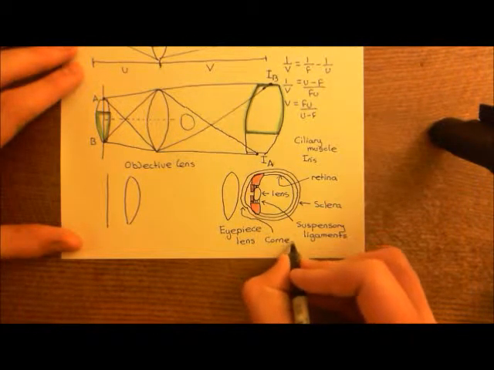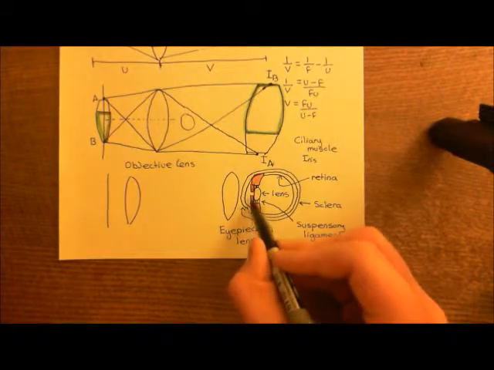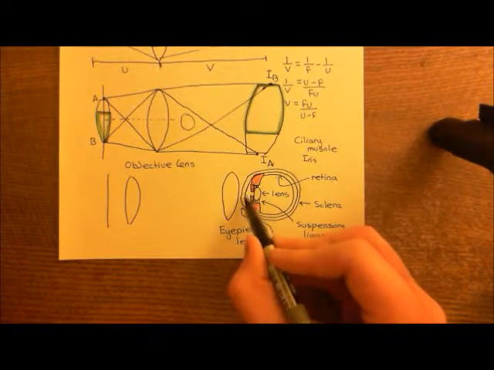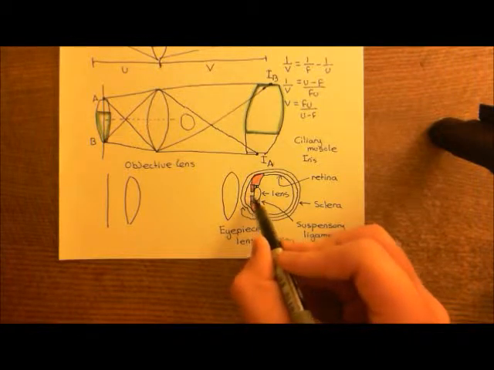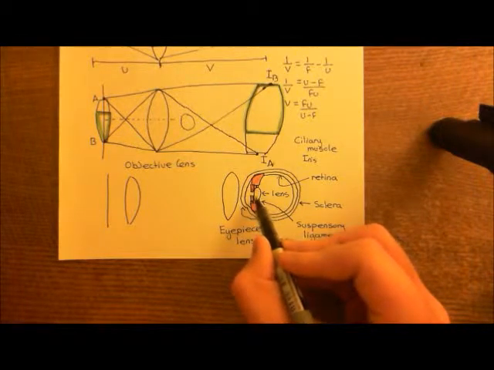And then you have 3 separate chambers. The chamber in front of the iris but behind the cornea is called the anterior chamber of the eye. Then the chamber behind the iris but in front of the suspensory ligaments and the lens, the space between the iris and the suspensory ligaments and the lens, is called the posterior chamber.